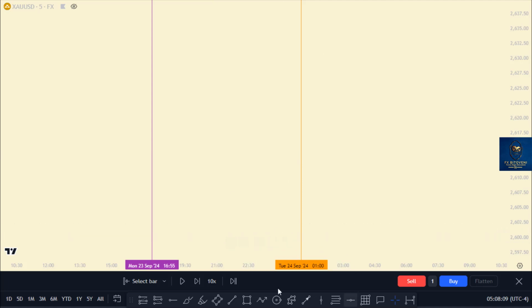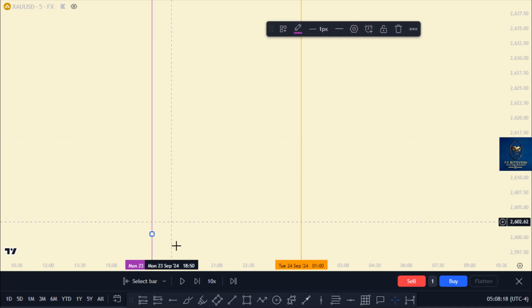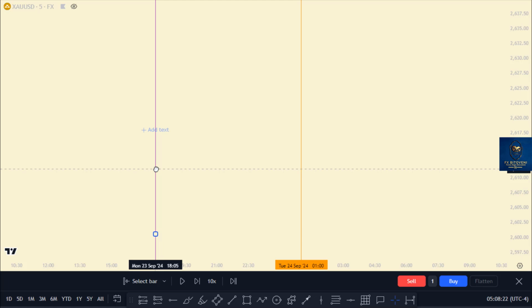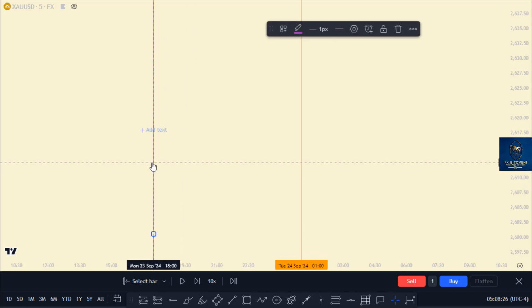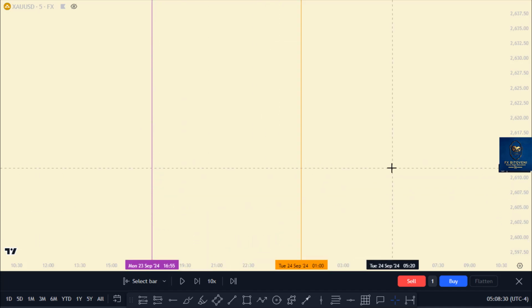So here on gold, when you check gold, usually it doesn't show 17, it usually shows 16:55 or 18, so it's around there, maybe 16:55. That's it. So if you want to convert this time to your local time, you have to check here.